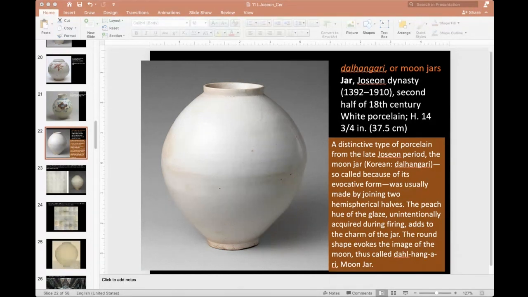So what do you think of the production time? Would it be more efficient to make this as one piece? Which one would be more efficient, making two and combining them, or making one jar?